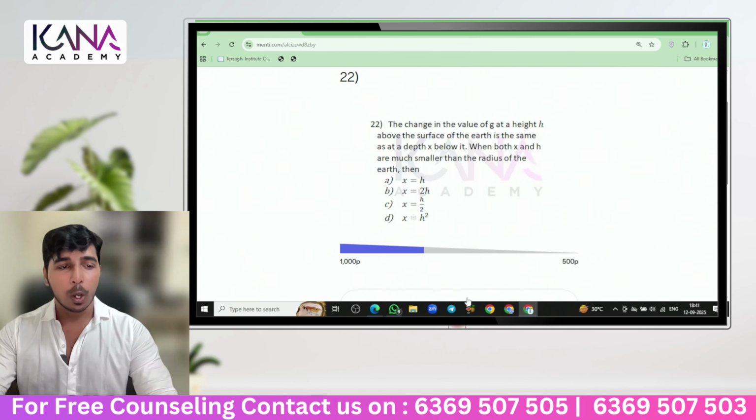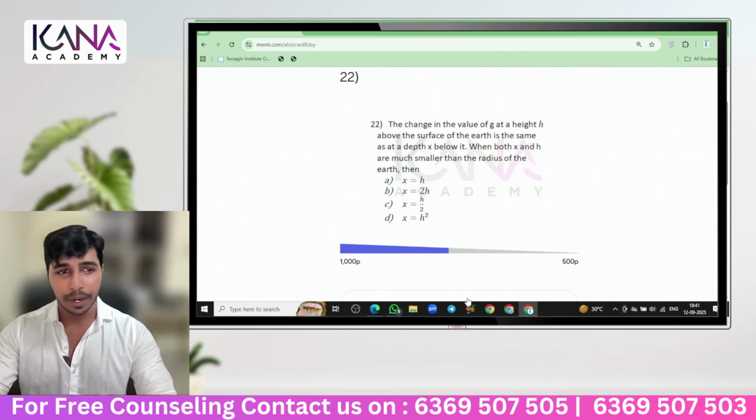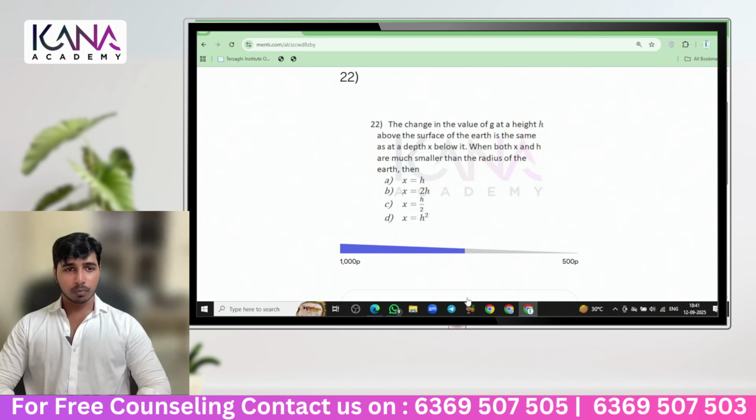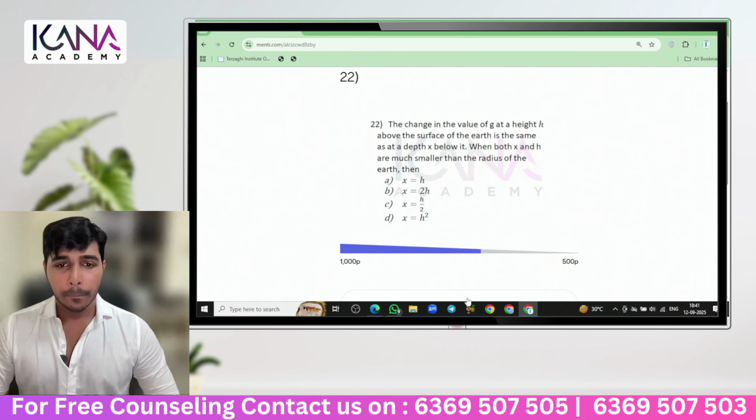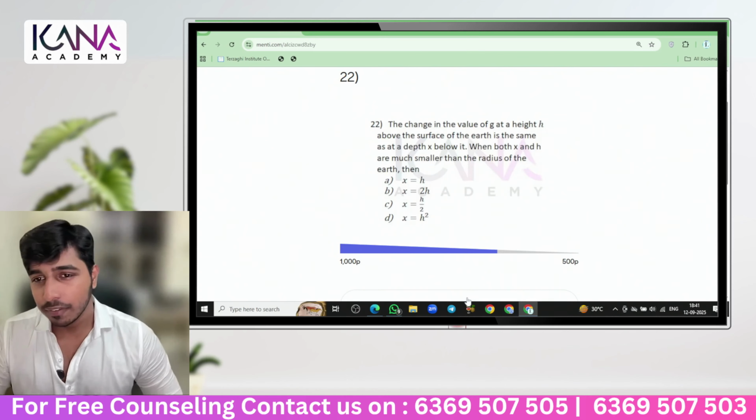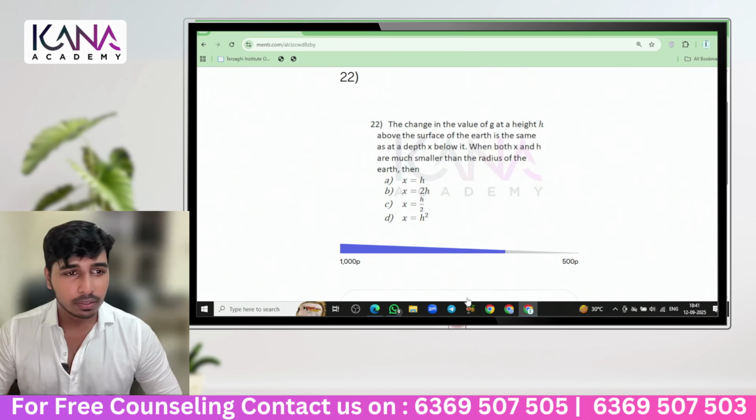The options are: x equal to h, x equal to 2h, x equal to h by 2, x equal to h squared. We have few seconds left. Attempt fast.